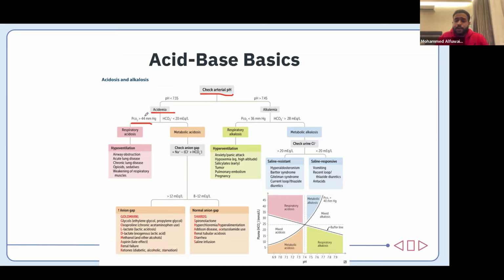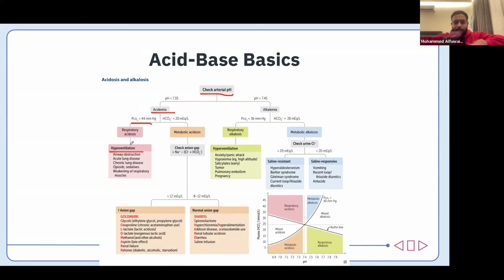When will you have respiratory acidosis? I want to quickly remind you of some of the causes. Hypoventilation is the most important one. When will you have hypoventilation? I want you to remember COPD, because if you get a patient with COPD, most likely they'll have respiratory acidosis. Number two, obesity. There's something called obesity hypoventilation syndrome.